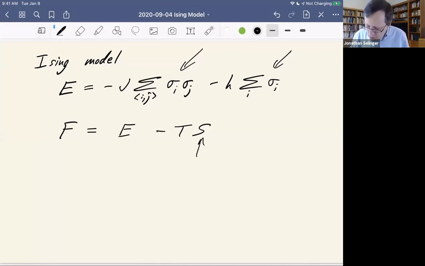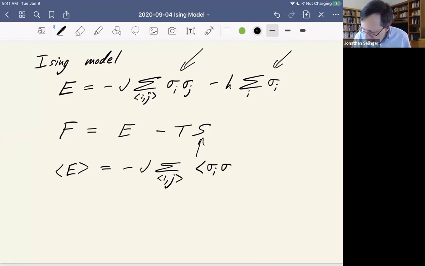Even if we wanted to know the average of this, it's a little bit tricky. If we want to know the average of the energy, that would be minus J times the sum over nearest neighbor pairs of the average of sigma i sigma j, and then minus h times the sum of the average of sigma i.